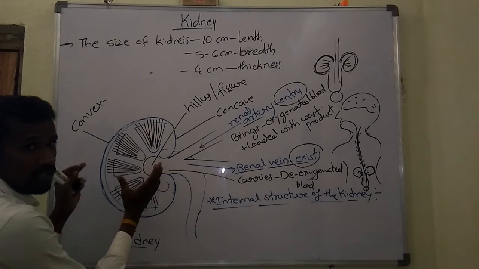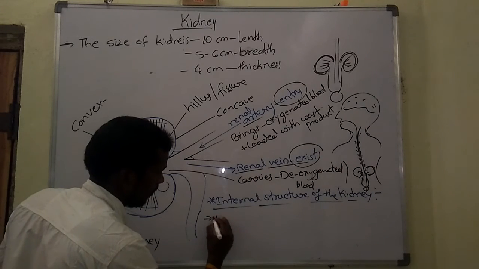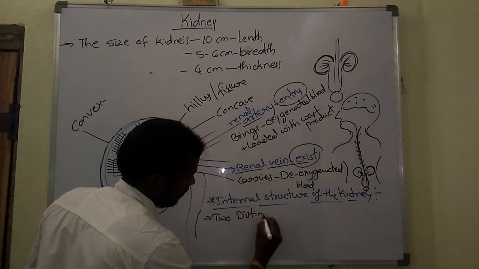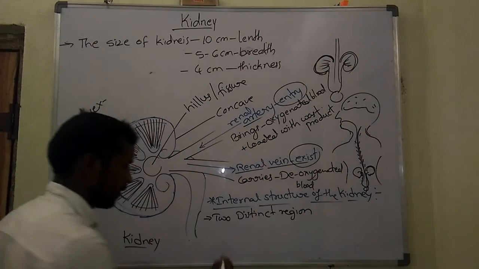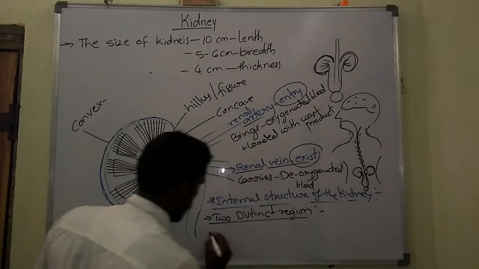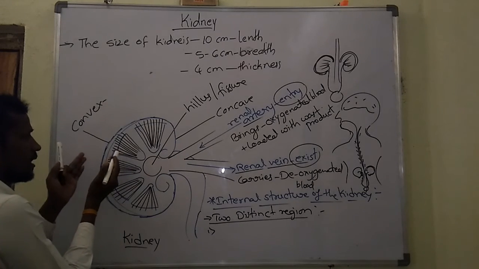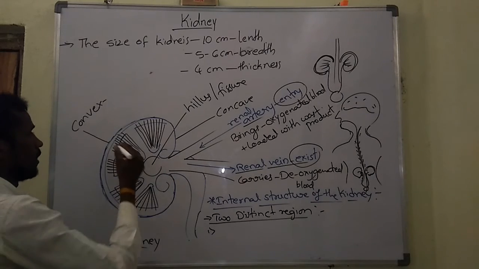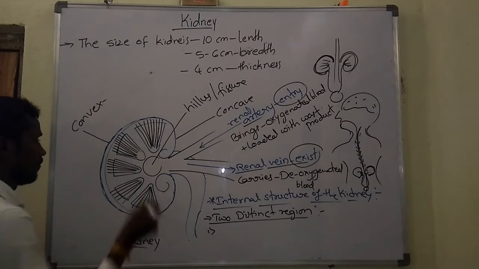It shows two distinct regions. Each kidney's outer zone is dark in color.